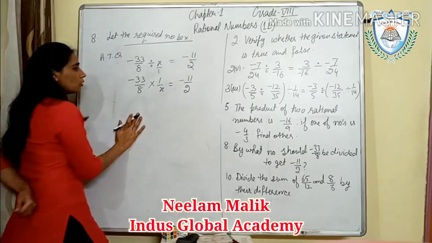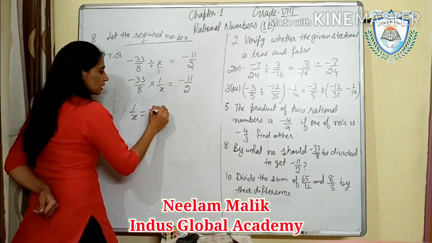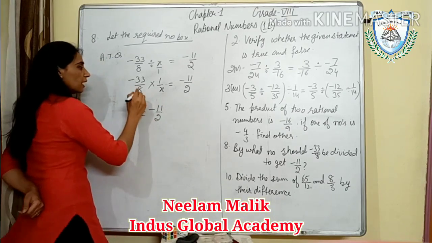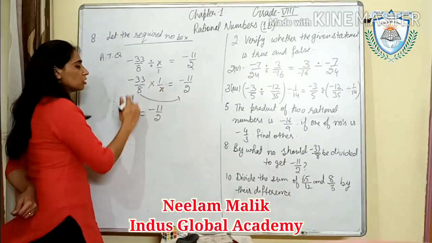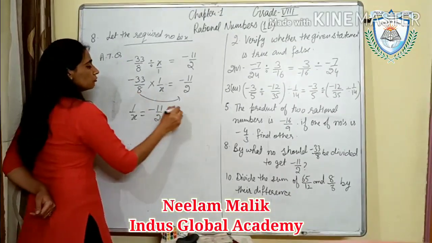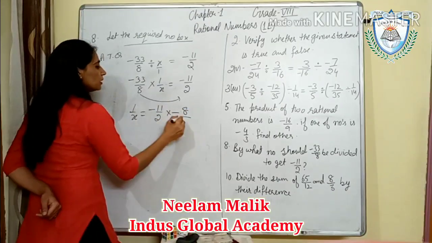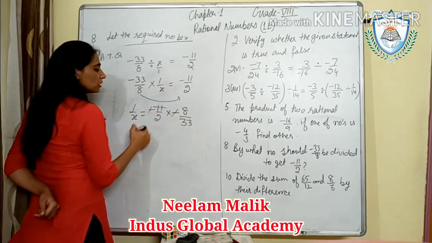Okay, so now 1 upon x will be here and minus 11 upon 2 is on the other side. I will take this also on the other side. So the denominator will be the numerator, the numerator will be the denominator. Minus sign will be there. 8 will be at the top, this will be at the bottom. Okay, so now minus will be cut.